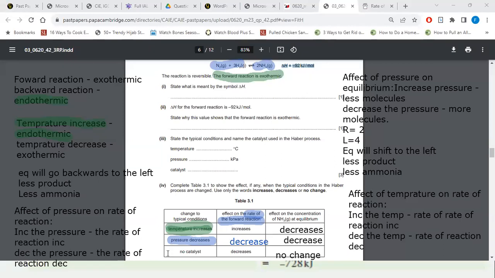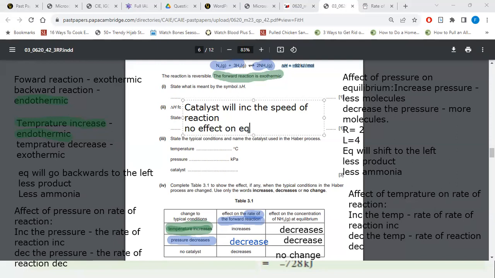And finally, catalyst. A catalyst will increase the speed of reaction, but it has no effect on equilibrium. It can make the reaction faster, but it has no effect on equilibrium.